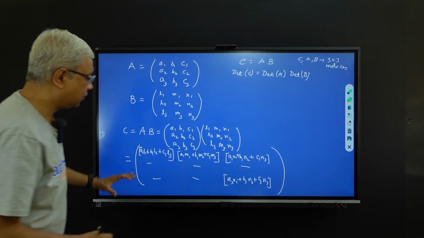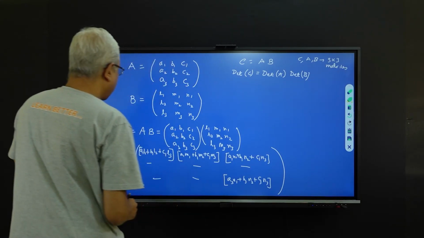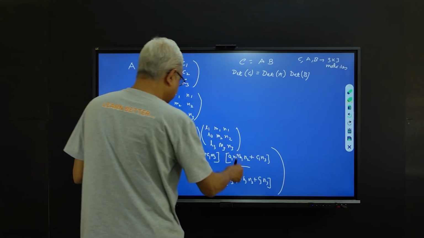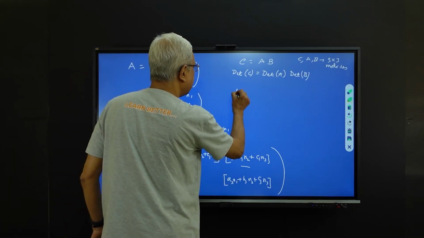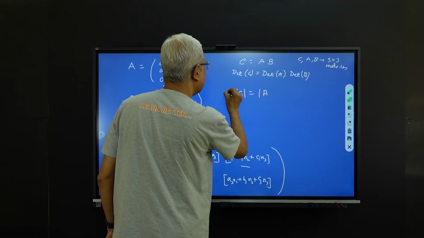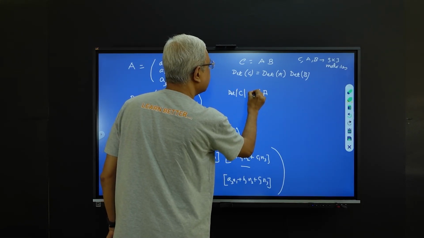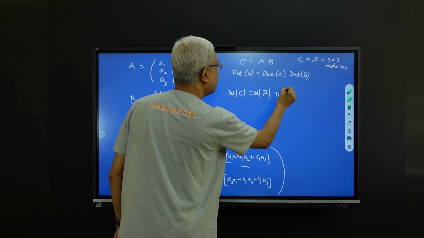So this is the way the matrix multiplication can be carried out, and therefore if I take the determinant of C, it will be the determinant of A multiplied by the determinant of B.